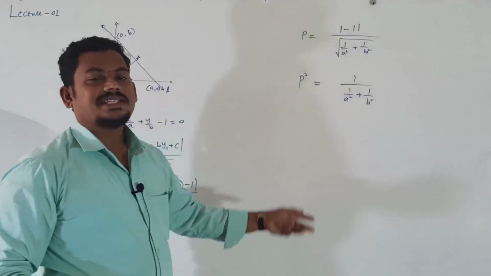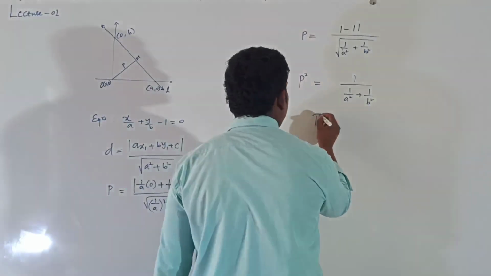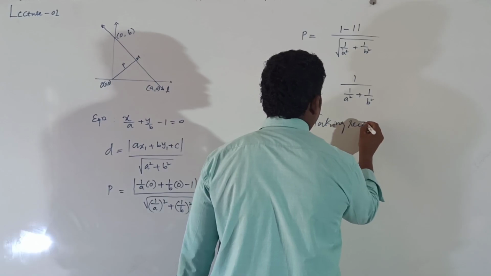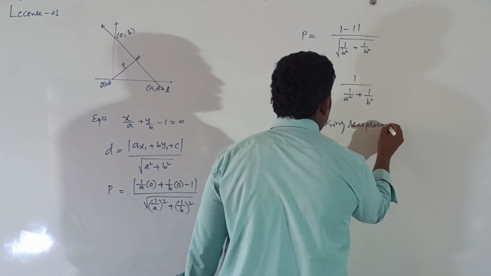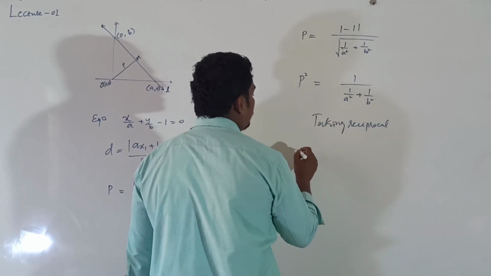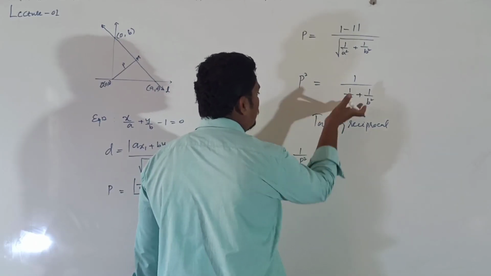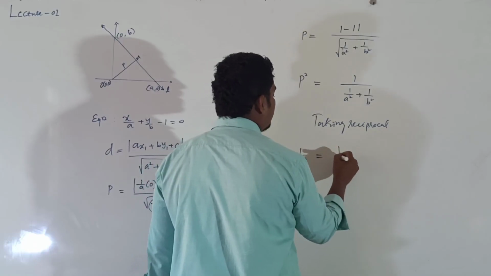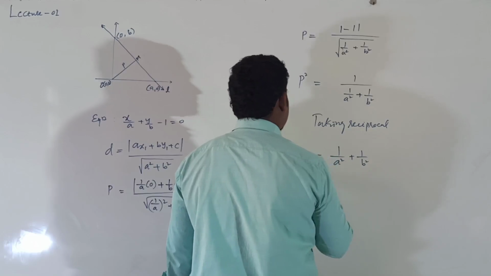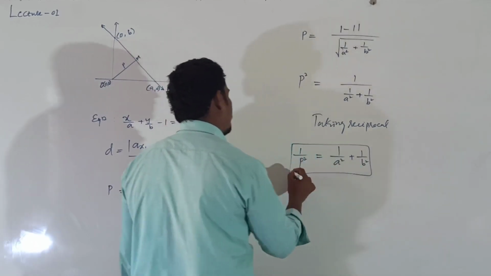Now just taking reciprocal, then it will be 1 by P square equal to, denominator will come in the numerator, 1 divided by A square plus 1 divided by B square. This is our required proof.